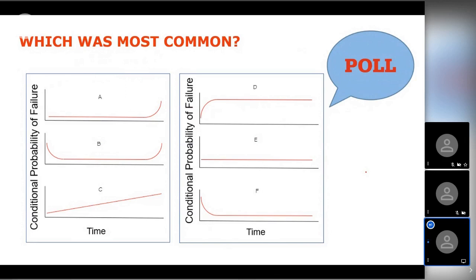So what I'd like you to do is we're going to put up a poll just now, and I'd like you to pick which one of those 6 do you think that they found was the most common failure profile for the airlines that they did the studies on. Is it A, the classical, B, C, D, E, or F?